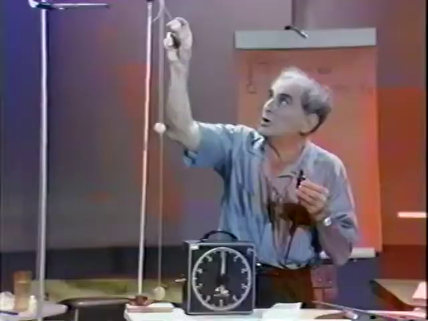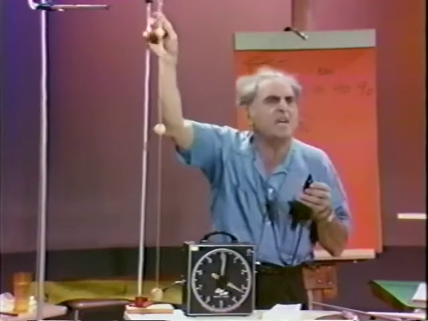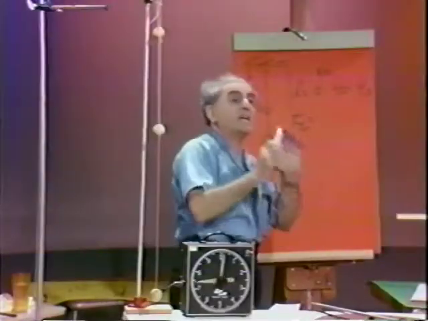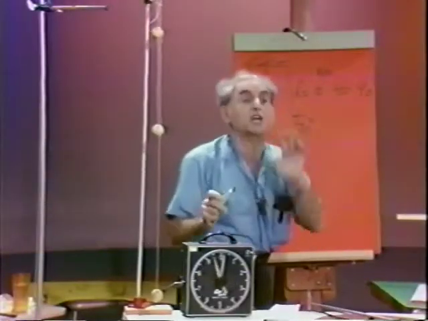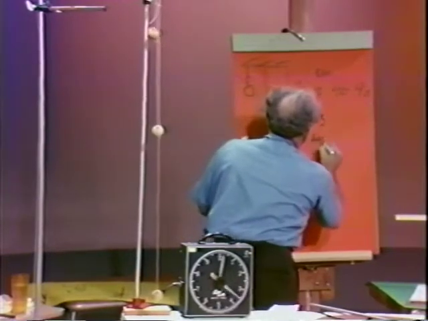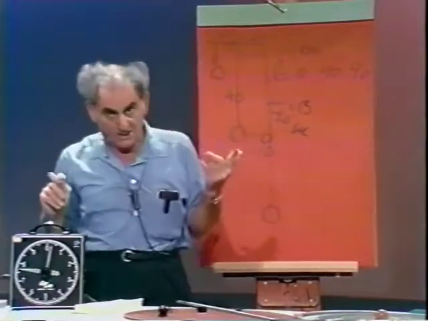So I would start this, 0, 0, 1, 2, 3, 4, and I would count 20 oscillations. And what would I get? Probably in this laboratory, I would get about 13 seconds. Now where you are, say Colorado on a high mountain, you would get a different time.